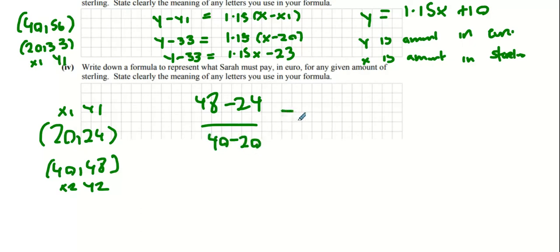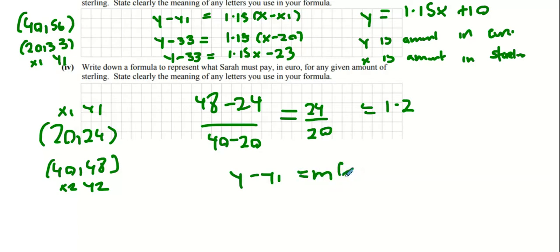I think we already know it's 24 over 20, which is 1.2. And then we're going to use the equation of the line formula. And then we're going to get y minus 24 equals 1.2 into x minus 20.